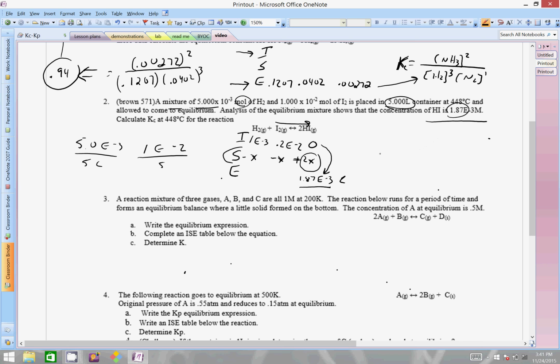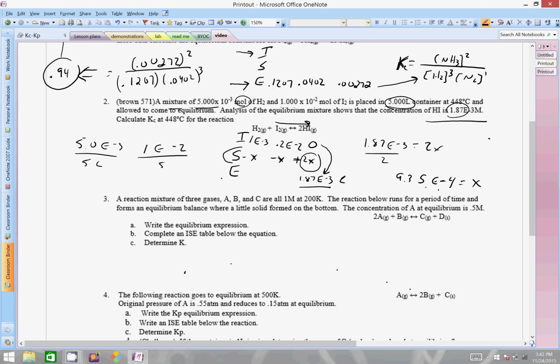So in this case, I have 1.87 e to the negative third equals 2x. Divide out by 2. 1.87 divided by 2, and I get 9.35 e to the negative fourth. Now that is equaling x.